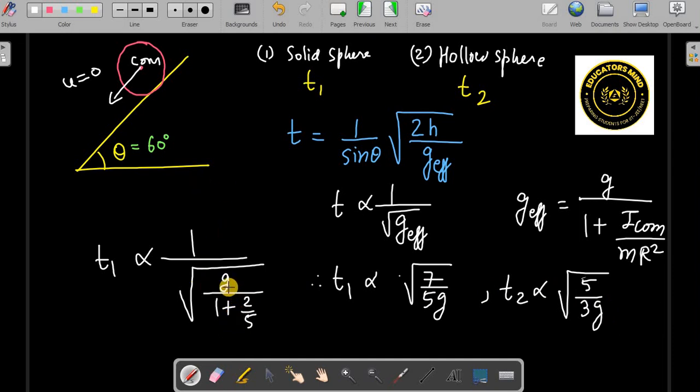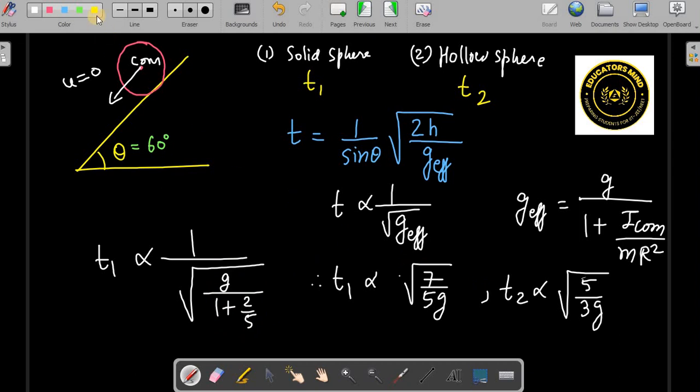Is this correct? So you can see here, once you substitute, for example here 2 by 5, it will become root under this 5g will associate with g, and 7 root 7 will come. Similarly 2 by 3 will be 3g will come, and 5 will come outside.